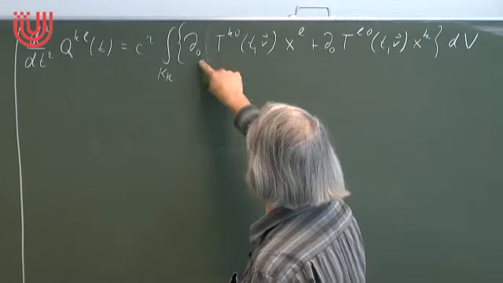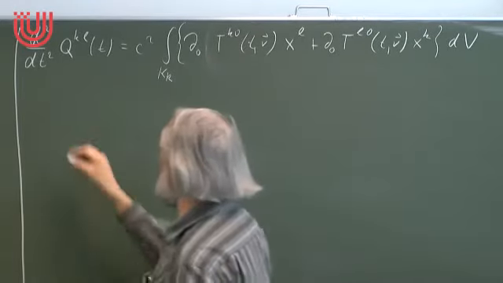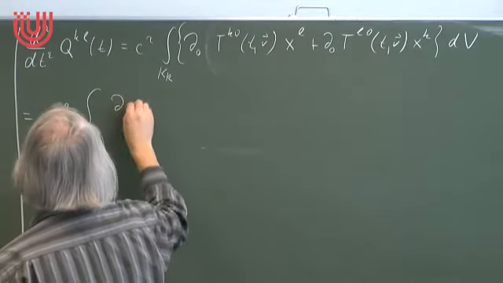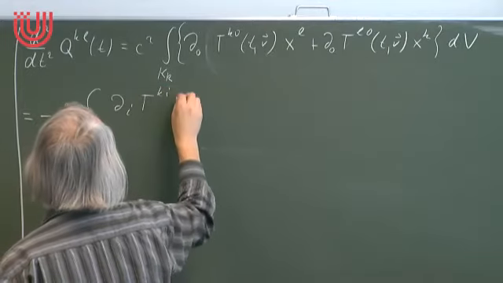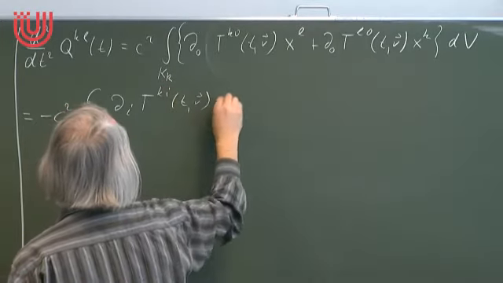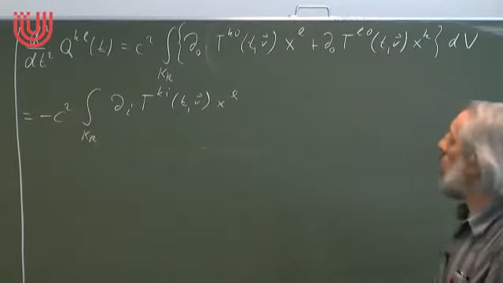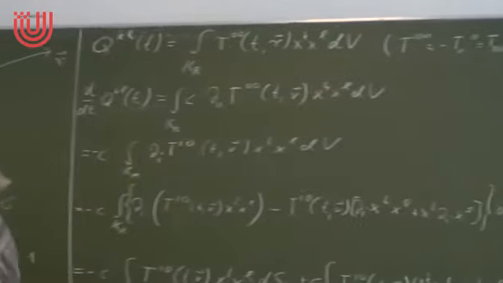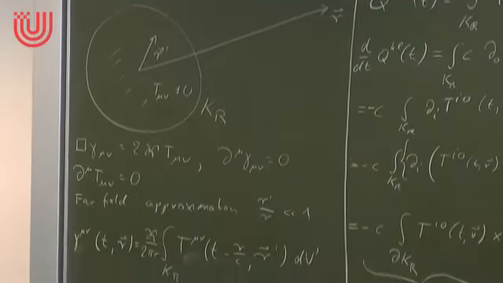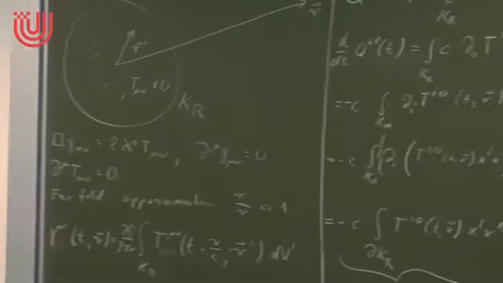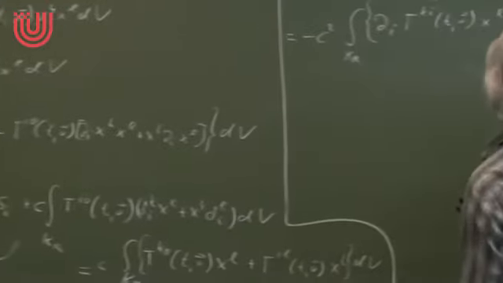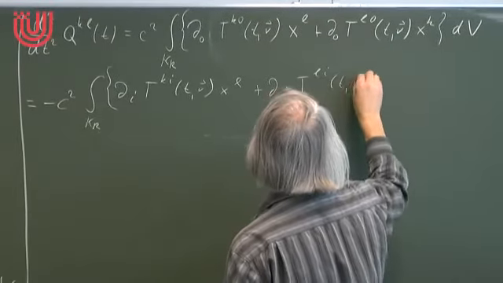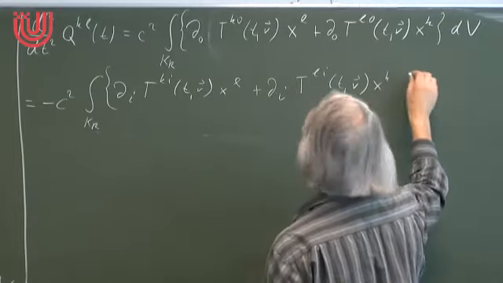So I make this into a spatial divergence. So then it becomes minus ∂_i T^{ki}(t, r) x_l. Yeah, I used again this energy conservation law here. And the second term, I need a bracket here, plus ∂_i T^{li}(t, r) x_k.